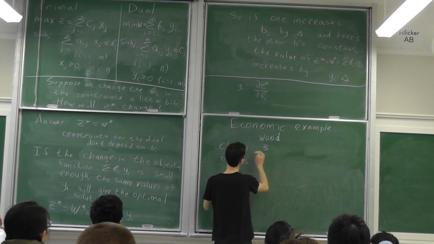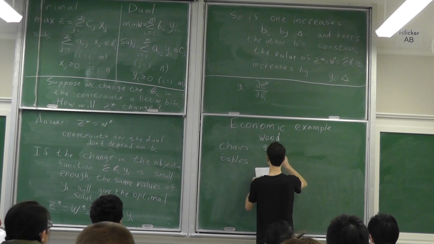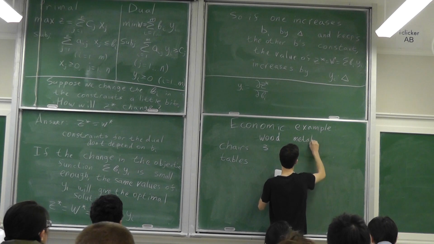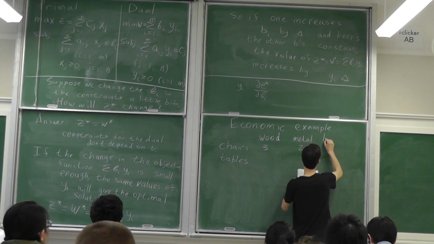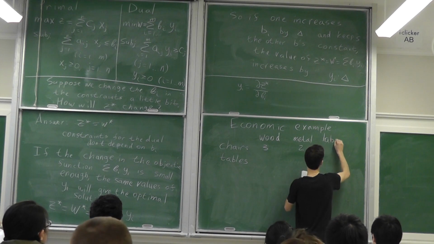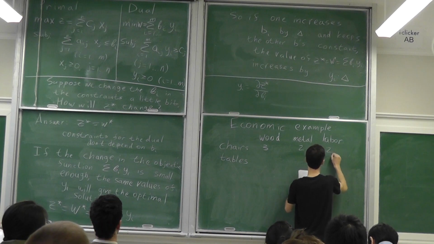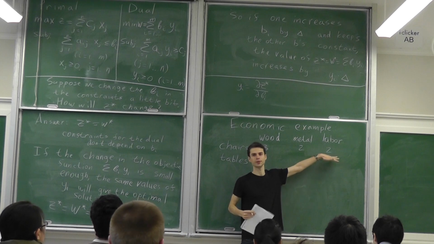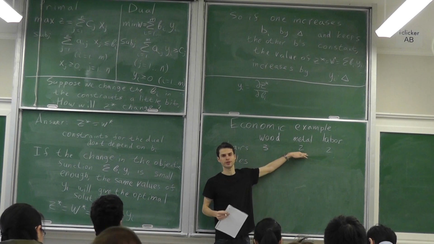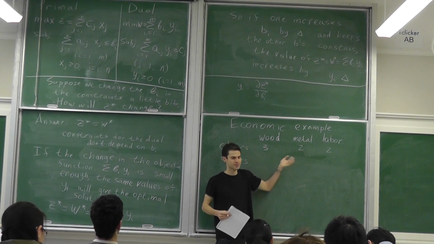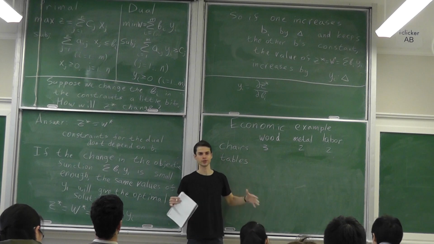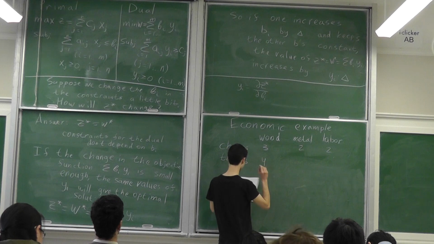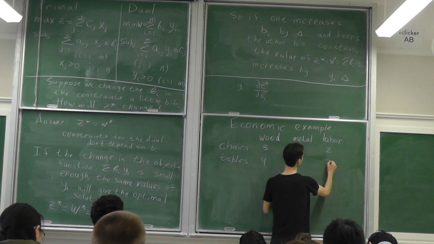For one chair, you should use 3 units of wood, 2 units of metal, and 2 units of labor. I don't know what kind of units there are, maybe hours of work, and here it may be some bolts, and here it might be kilograms of wood. And for tables, the corresponding figures are 4, 1, and 2.